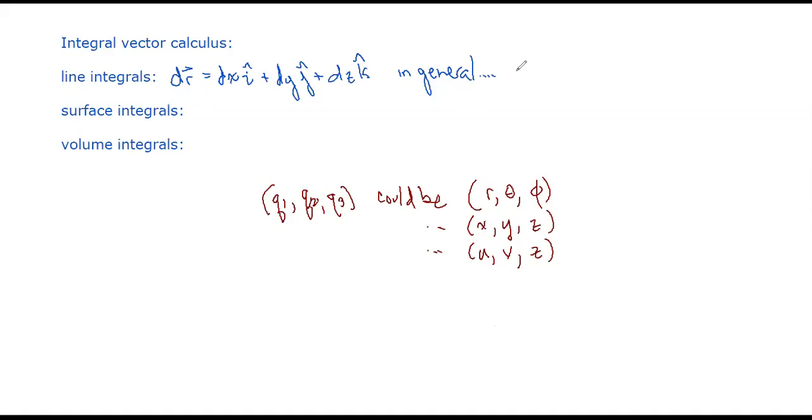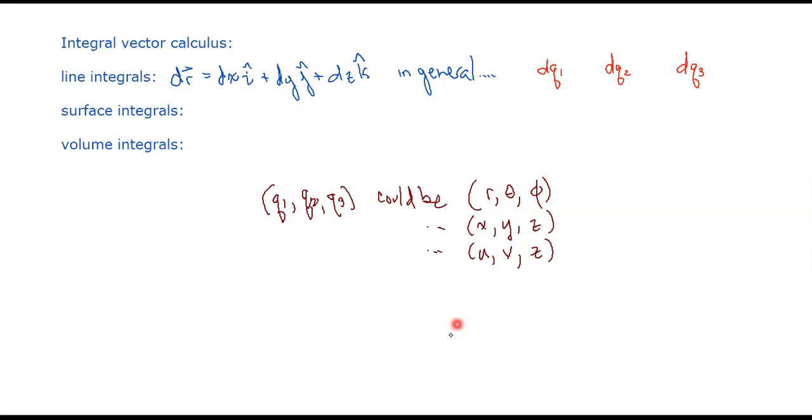This is true. Each one is going to have dq1 for the first bit of the first coordinate. So they're each going to have their little bit of differential coordinates. What's the problem with, for instance, theta in this coordinate system, or phi in this coordinate system?